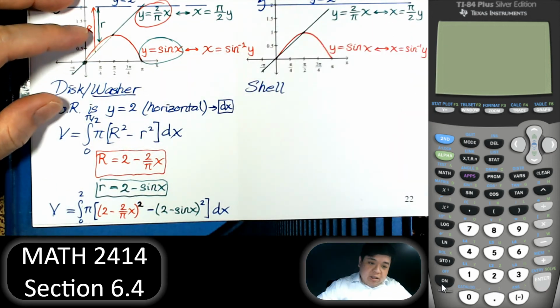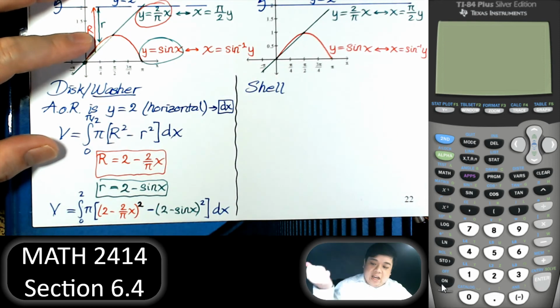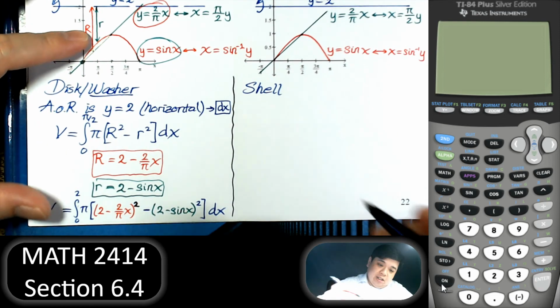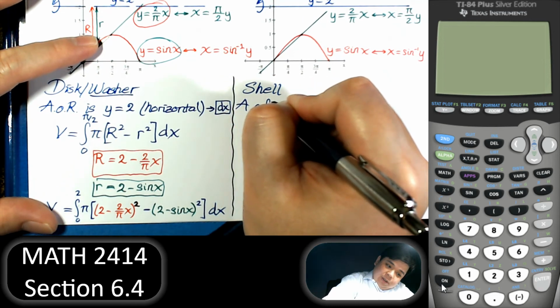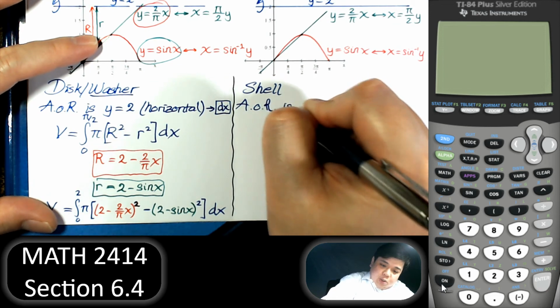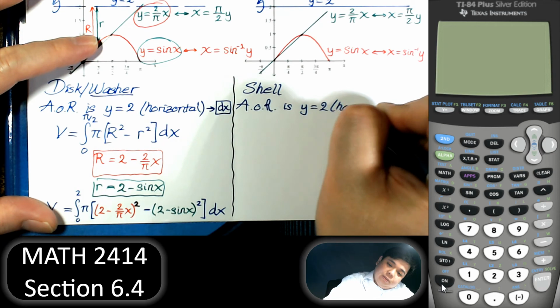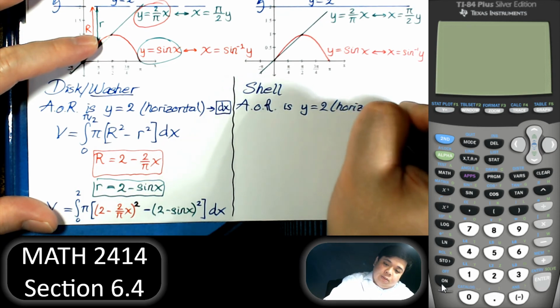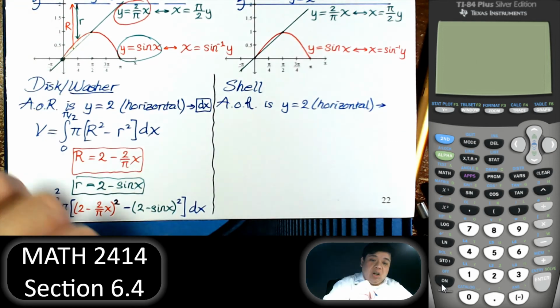Now for the shell method, if this is dx, the other one is going to be dy. The axis of rotation is y equals 2, which is horizontal. So the increment should be something vertical, perpendicular to that.